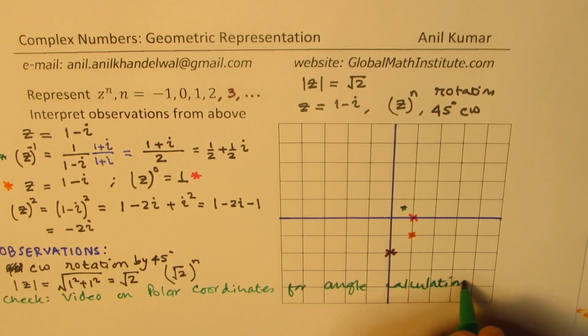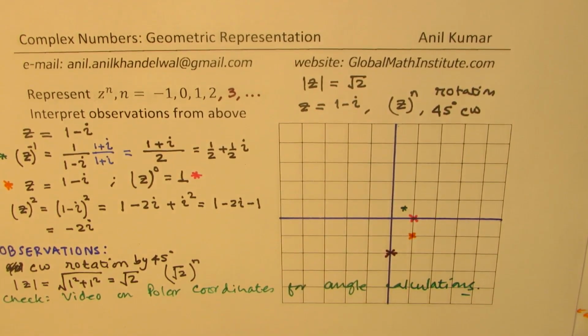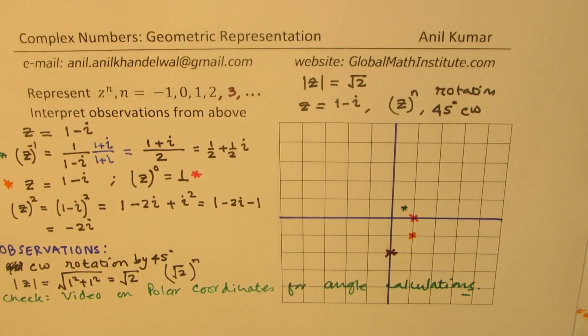That will be better actually. So at present, when we're talking about the complex plane, we can kind of estimate this to 45 degrees in this particular case. But in general, we can accurately find the rotational angles using polar coordinates. So that will be taken up in another part of the video. I hope that makes sense.